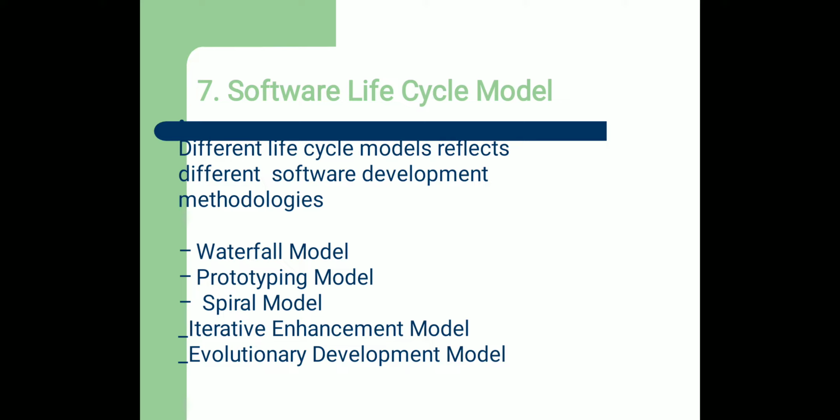The major parts of software engineering are analysis, design, developing, testing, maintenance. These are the five major parts in the developing of a software application.